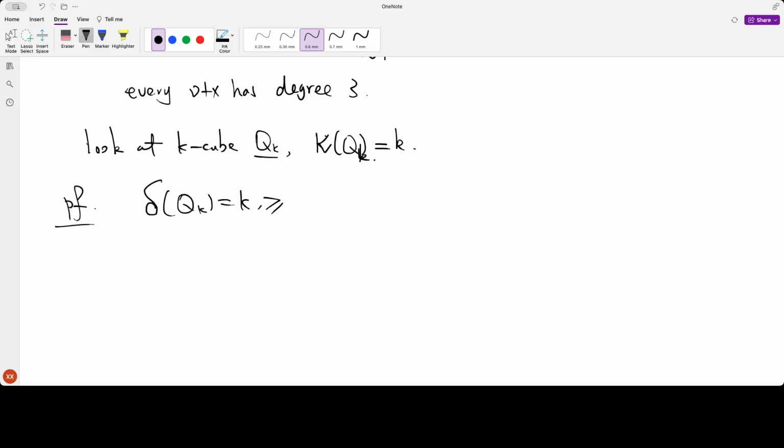And by the previous exercise, this is greater than or equal to kappa of Qk. So we prove one direction, that kappa of Qk is at most k. Okay. So next we need to show kappa of Qk is at least k also.